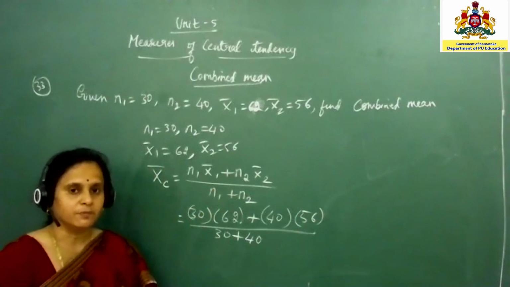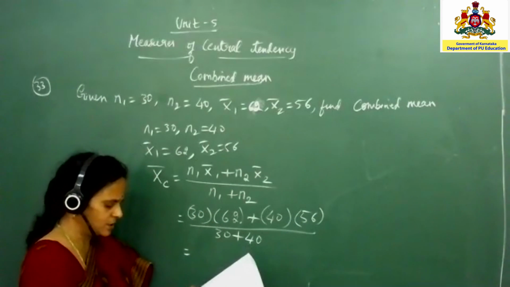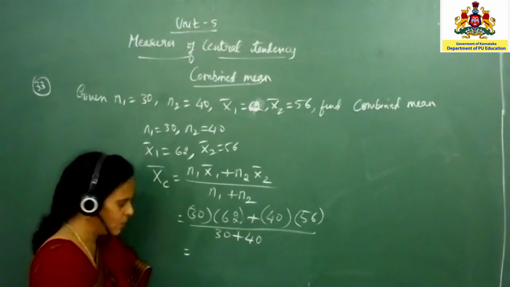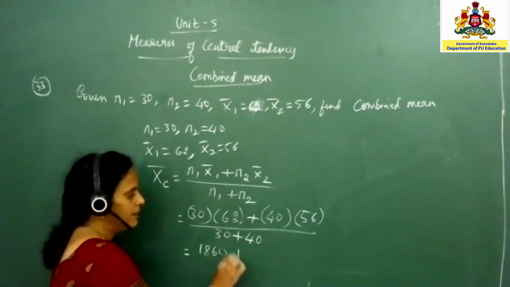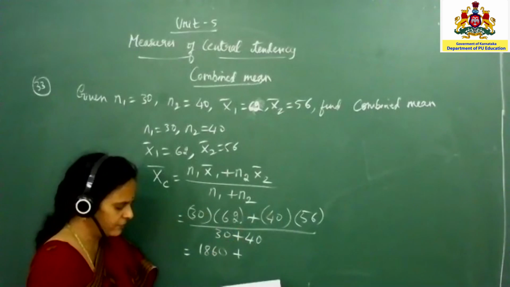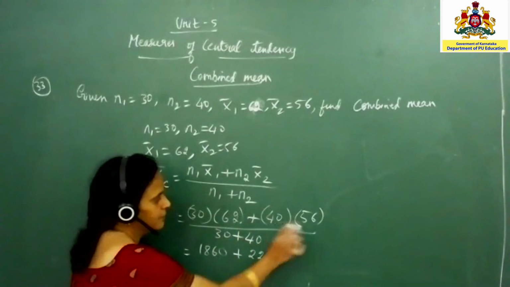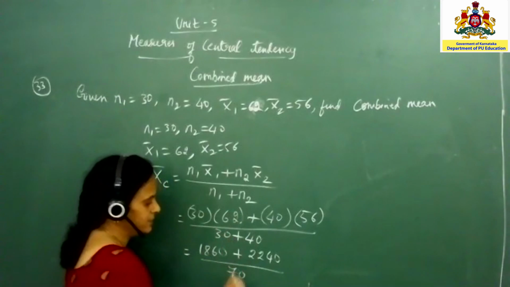Next we simplify. 30 into 62, if I multiply these two, I get 1860. Plus 40 into 56, I get 2240, divided by 40 plus 30, which is 70.